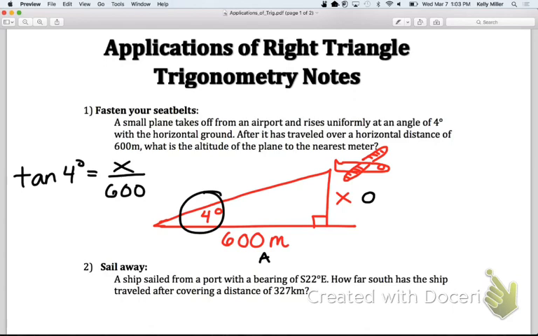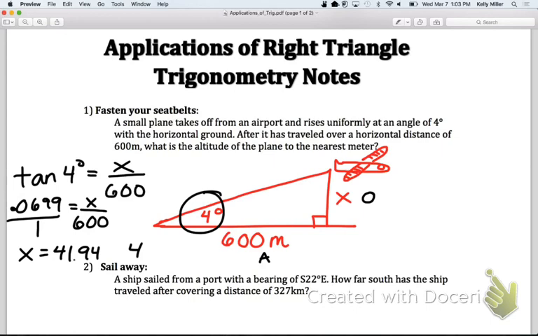Oh, I got 419. The tangent of 4 is 0.0699 equals x over 600. Put that over 1 when you cross multiply. 0.0699 times 600 is 41.94, which if I'm rounding to the nearest meter would be 42 meters. I rounded up.